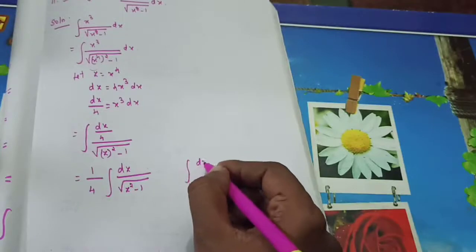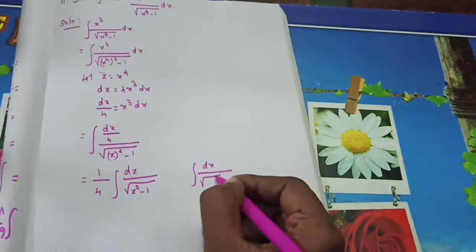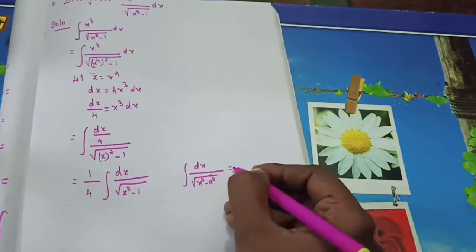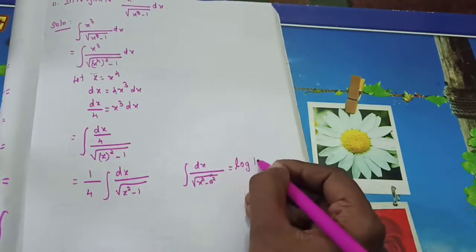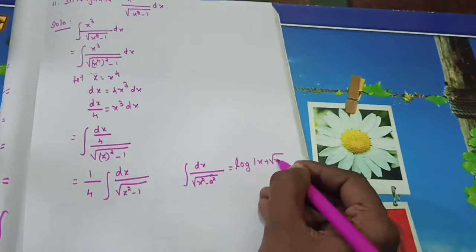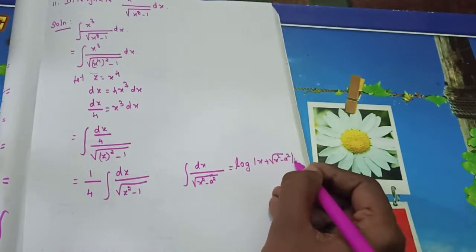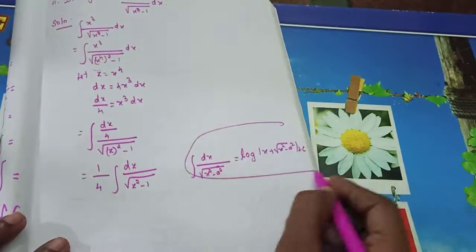What's the formula I use here? Integral of dx divided by square root of x square minus a square. You will use this formula. What's the value? Log of modulus of x plus square root of x square minus a square, modulus, plus c.